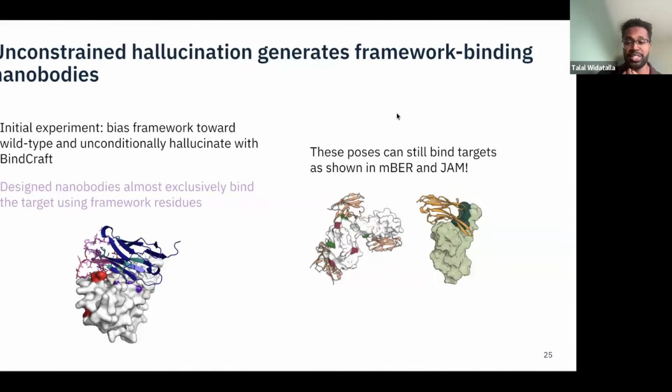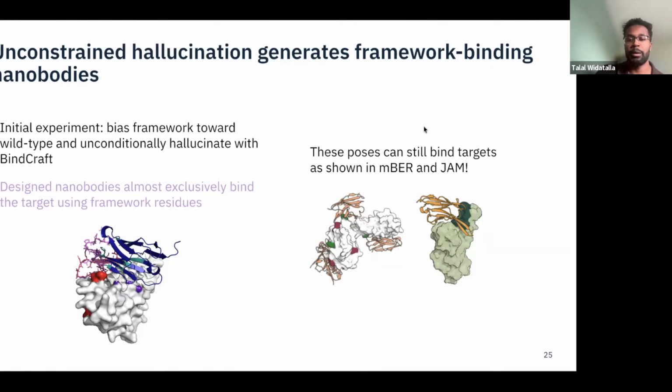But what is interesting is these framework binders definitely will bind, but there are reasons we can go into later why this might not actually be the best binder you want.